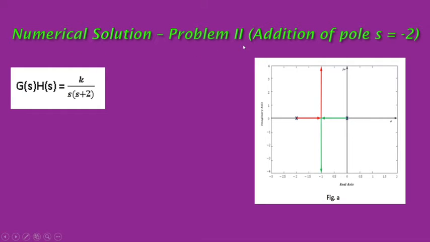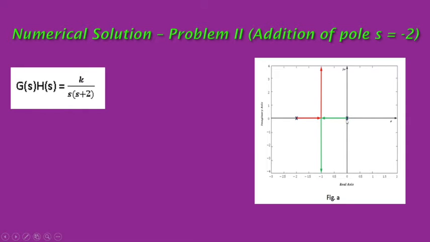Numerical problem 2, addition of a pole at s equal to minus 2. G(s)H(s) is equal to k divided by s times (s plus 2). So where the denominator equals 0, the poles are s equal to 0 and s equal to minus 2.